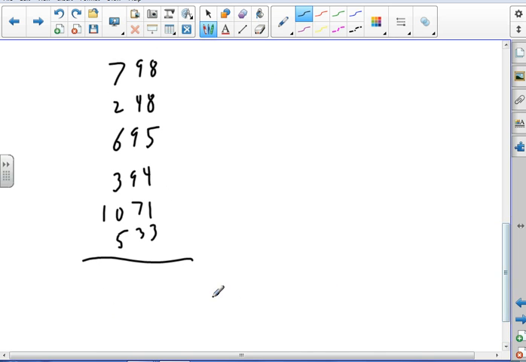So, assuming that I did that right, then I'm going to multiply by 0.75, and I'm going to get an answer starting with a dollar sign. Hopefully. So that's my plan. 798, 248, 695, 394, 1071, 533 equals.